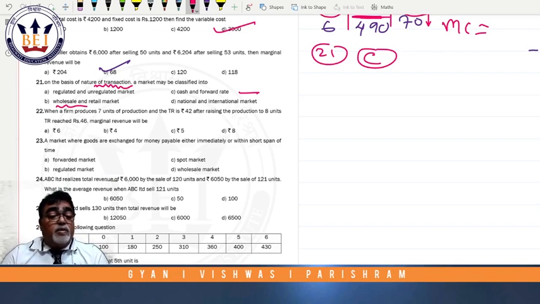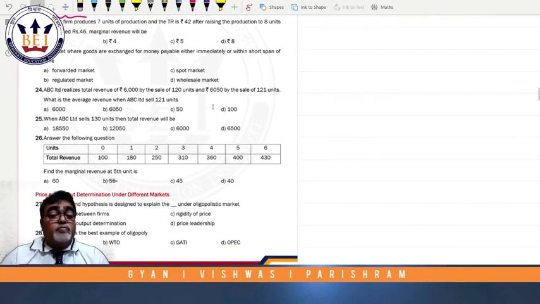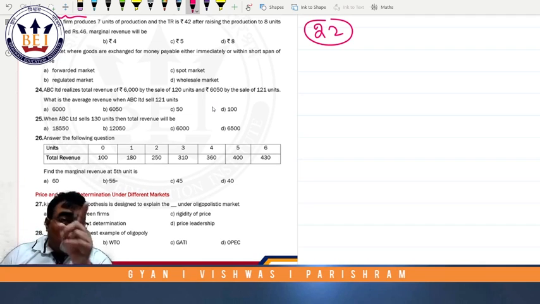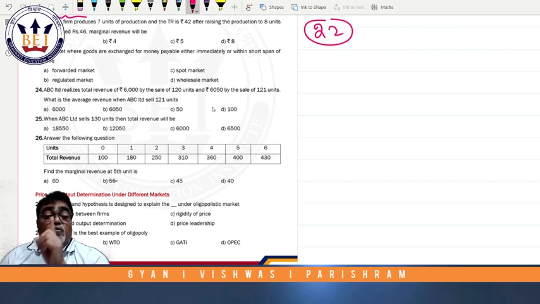Now question number 22. When a firm produces 7 units, total revenue is 42. After raising production to 8 units, TR reached 46. So 7 to 8, simple, not typical like 50 to 53. They have given 1 unit.